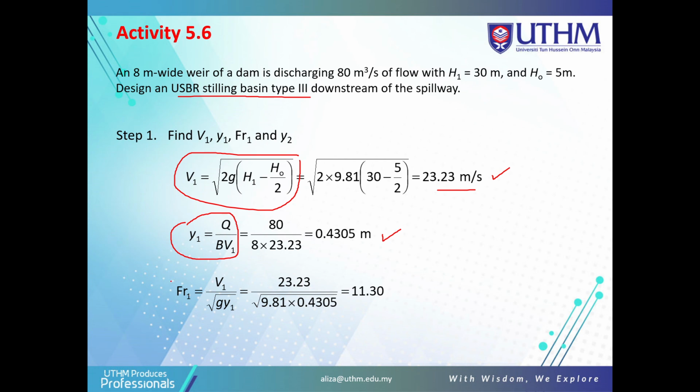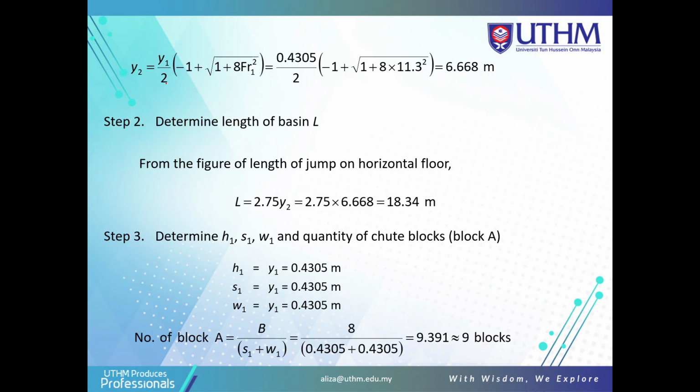Using the Froude number 1 formula, you get the Froude number as 11.30. Then you find the conjugate depth Y2. You get the Y1 to get the Y2, so just put all the values here until you get Y2 is 6.668 meter.